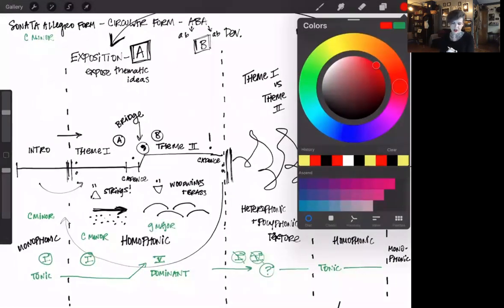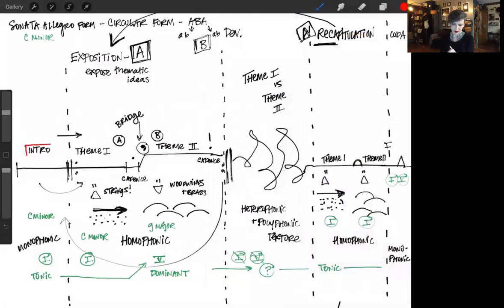So this is our introduction. We're hearing low strings. Here's our theme 1.